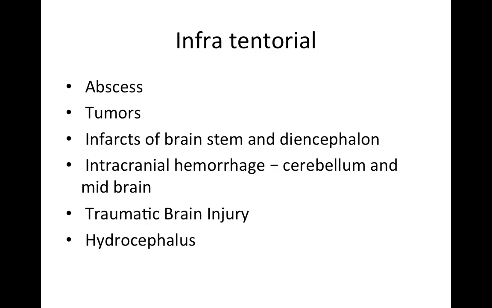A point to mention here is when the lesion is in the central diencephalon, it presents with the features of decorticate rigidity. As the lesion extends downwards, the patient progressively develops decerebrate rigidity. When the lesion still extends downwards, he develops hypotonia.